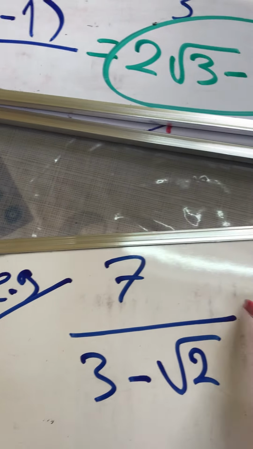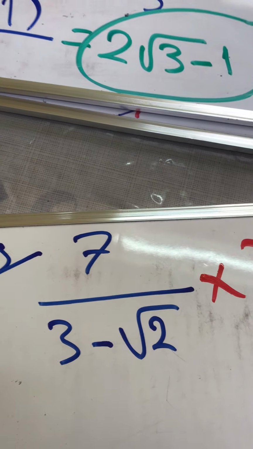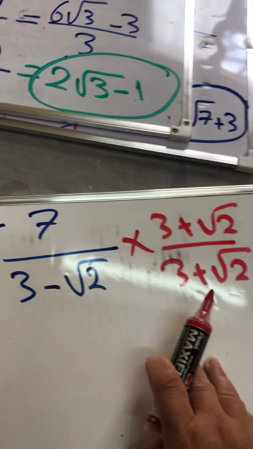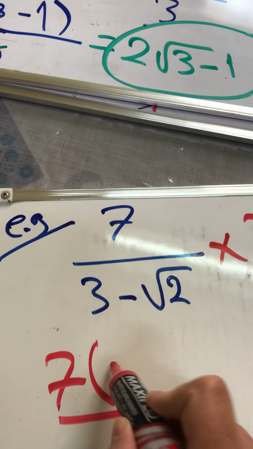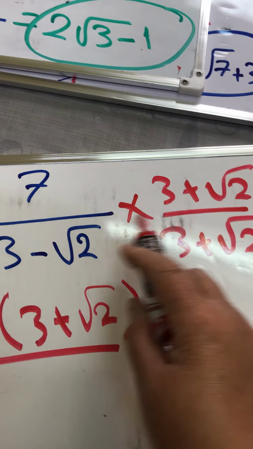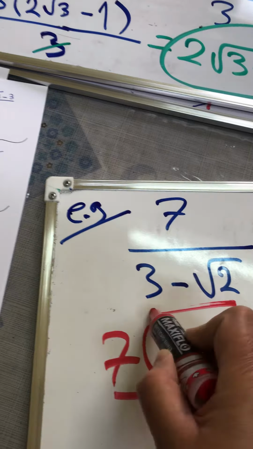Here I have minus. I'll multiply by 3 plus square root of 2 up and down. Easy. As you see, the marker solves it itself. Okay, so now I have 7 open brackets, 3 plus square root of 2. Please, if you have two terms, open brackets. And down, do you remember this case?